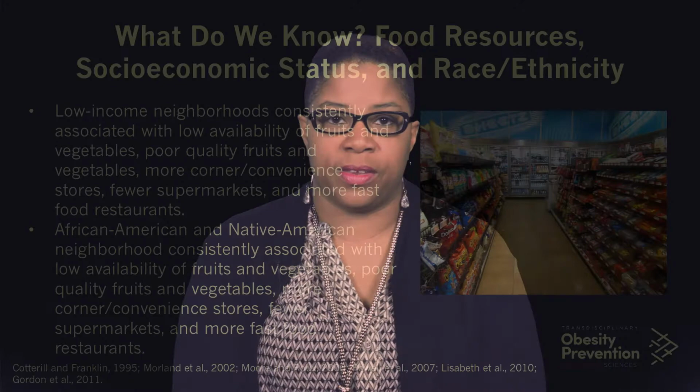We know that differences in neighborhood food environments can also contribute to disparities in obesity. Most of these disparities that we think of are by either race, so differences in health outcomes between different racial or ethnic groups, and then differences in health outcomes based on socioeconomic status or income.